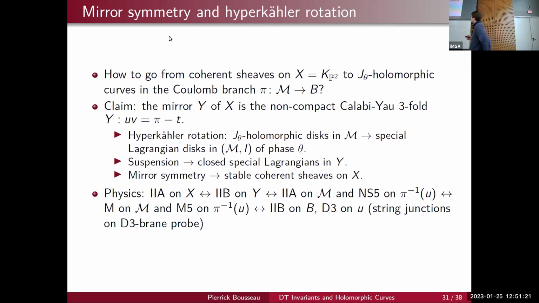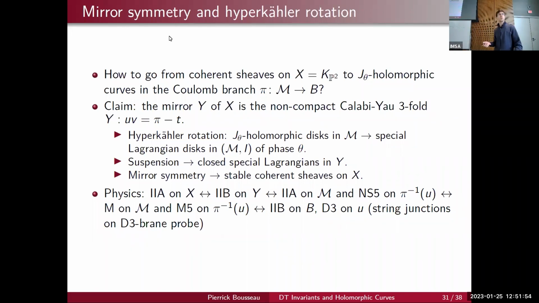And then you can do some standard symplectic operation with these. If Lagrangian disks inside the surface M, you can lift them into closed Lagrangians in the three-dimensional geometry Y, precisely because Y is a conic bundle over M, which is ramified on the fiber where the disk has its boundary. So you start with holomorphic disks, they become Lagrangian disks in the surface, and they lift to special Lagrangians in the threefold.